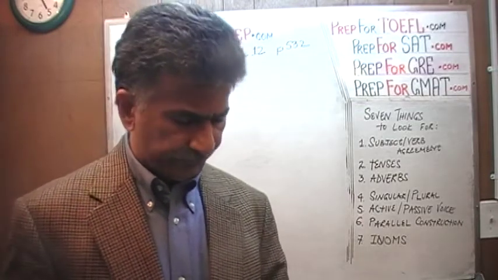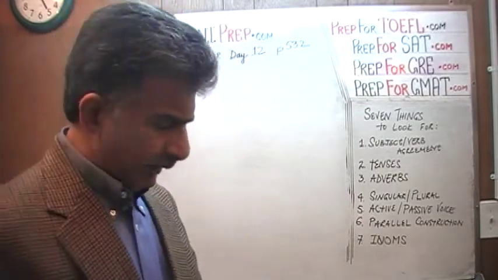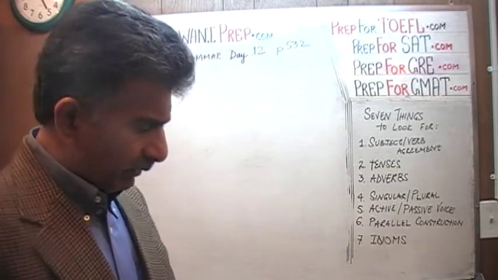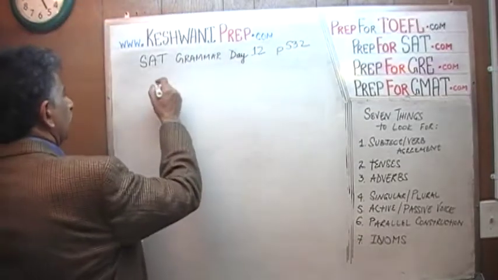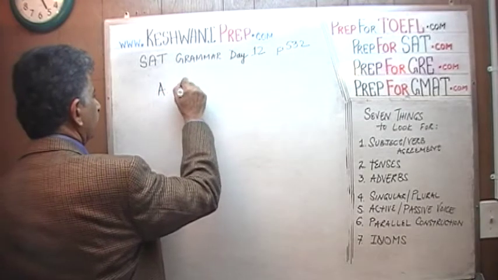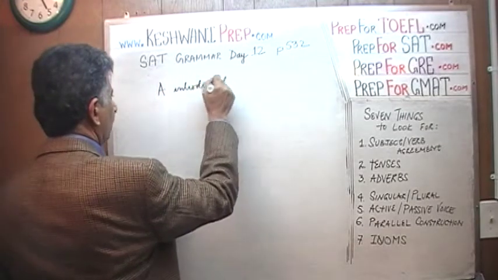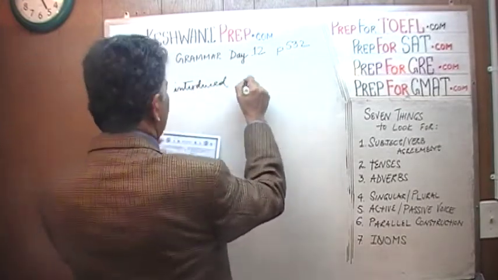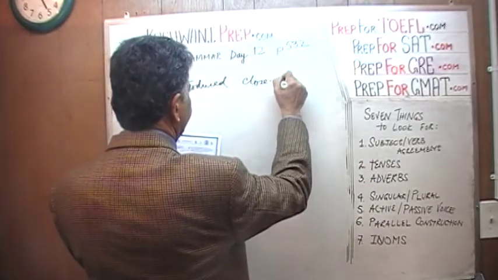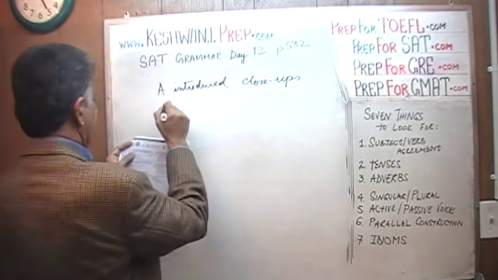Number 5. That's the medium question. It says, Alice, an early filmmaker, introduced, we are told, she introduced close-ups and double exposures.